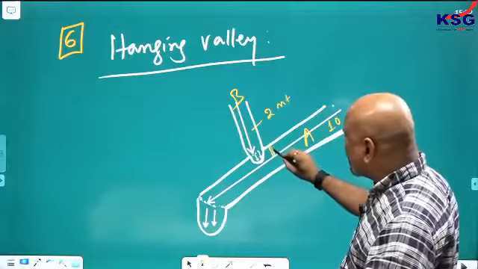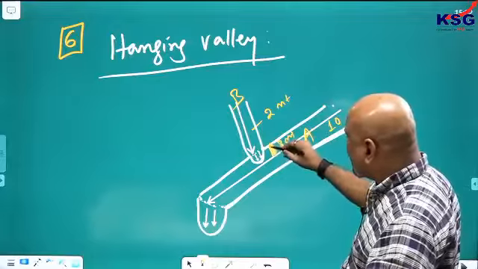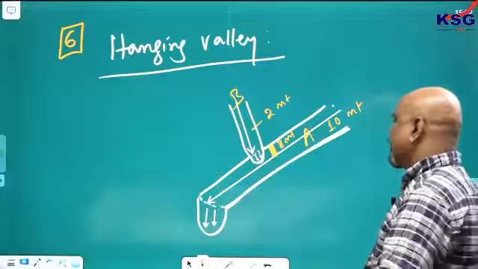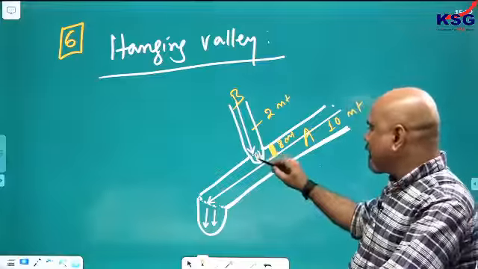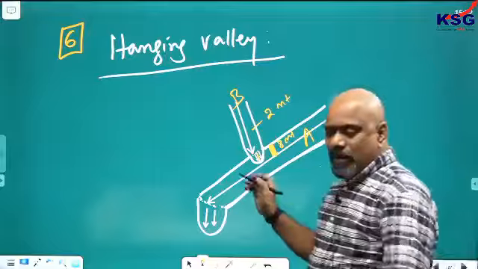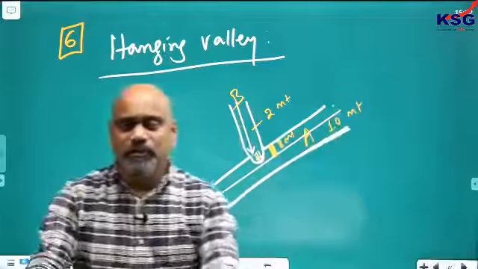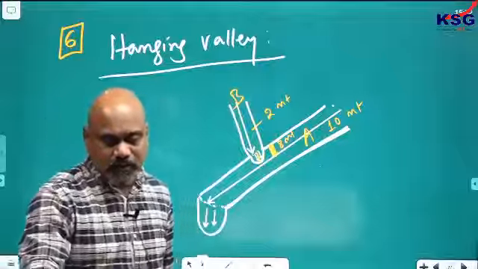Here the difference will be 8 meter. 8 मीटर का डिफरेंस होगा यहाँ पे. This 8 meter मतलब one valley is hanging over another valley, so it is called as hanging valley.